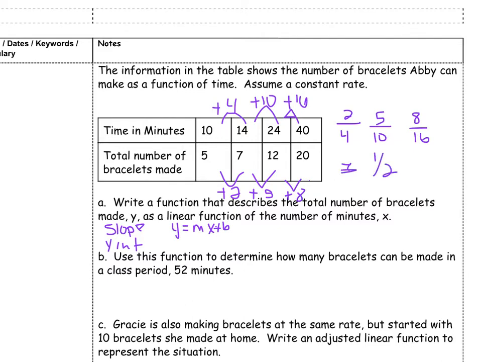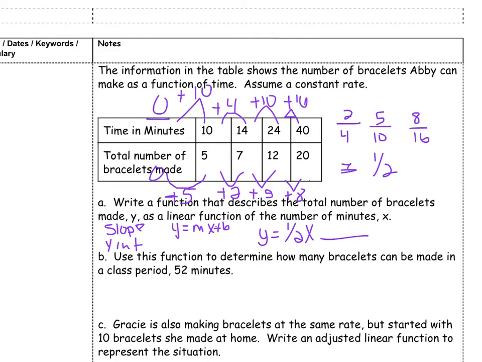So I know that I'm going to have y equals 1/2 x plus something. So then we have to go backwards. If we go back 5, if we go back 10, so what plus 10? 0 plus 10 gets me to my 10. I would have to go up 5. So it's 0, 0. So therefore, my equation is just y equals 1/2 x.